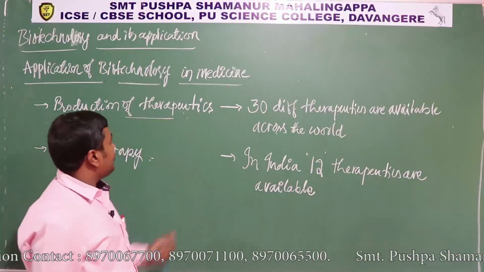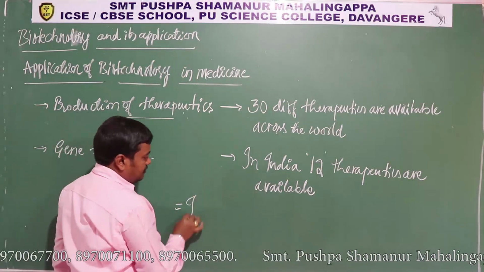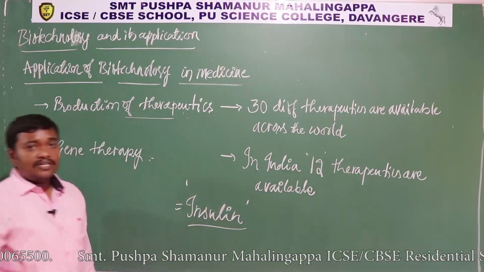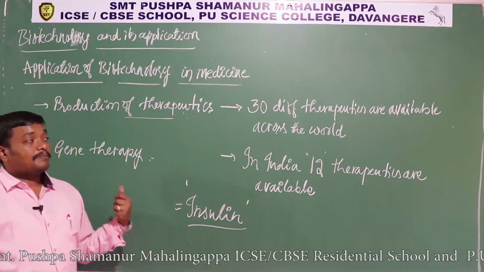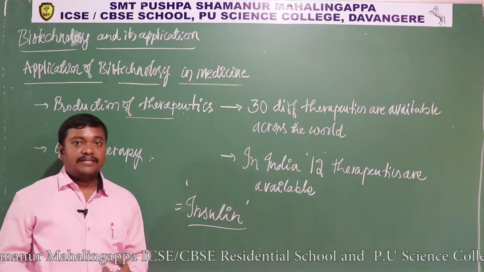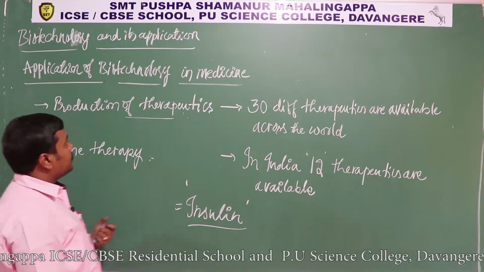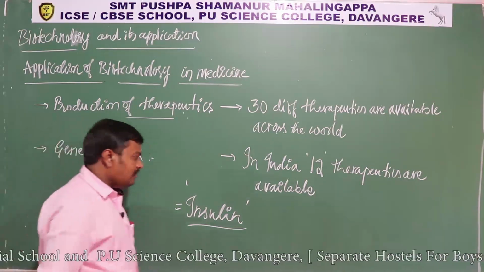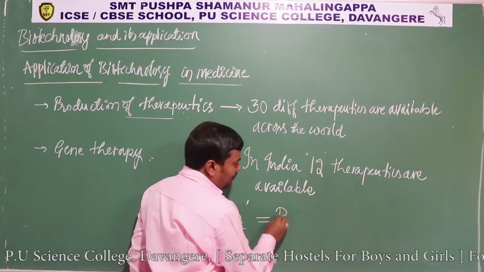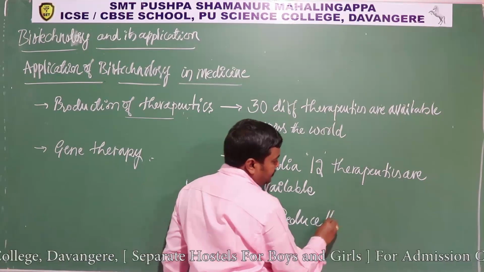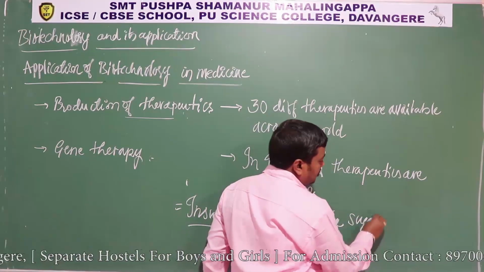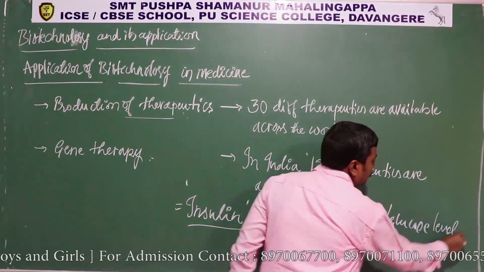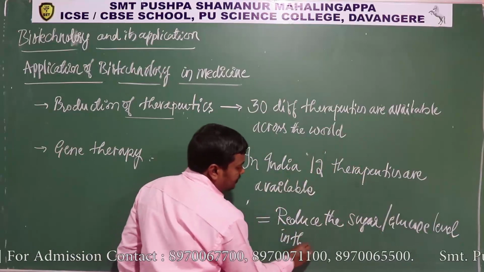The best example I can give for therapeutics is insulin. Whatever insulin is available in the market is usually produced by using this biotechnological tool itself. You know the function of insulin: insulin helps reduce the sugar or glucose level in the blood.